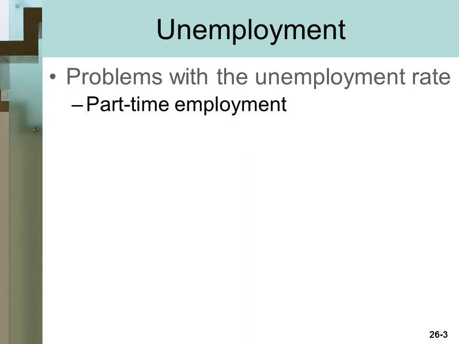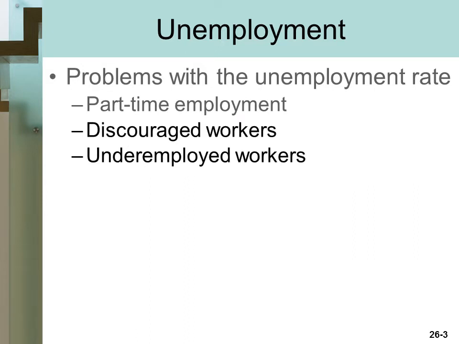If you are a part-time worker, the Bureau of Labor Statistics counts you as employed, right? That understates the unemployment rate because those people would like to work more hours. So that's one part of the unemployment rate which isn't a perfect measure.